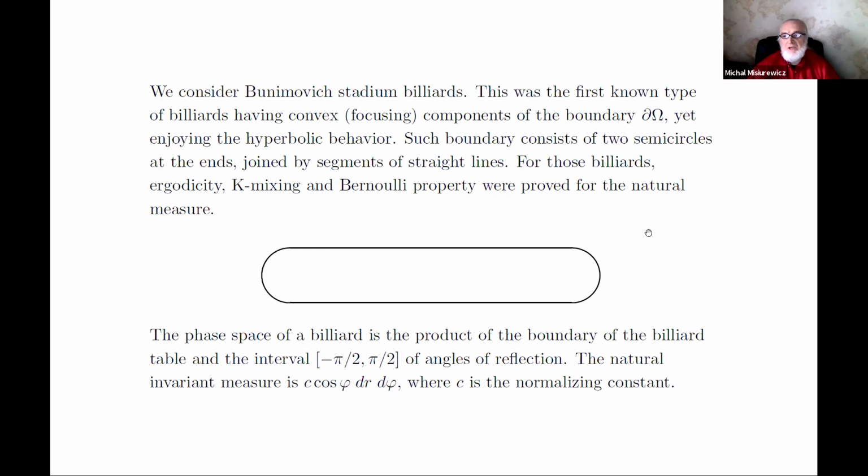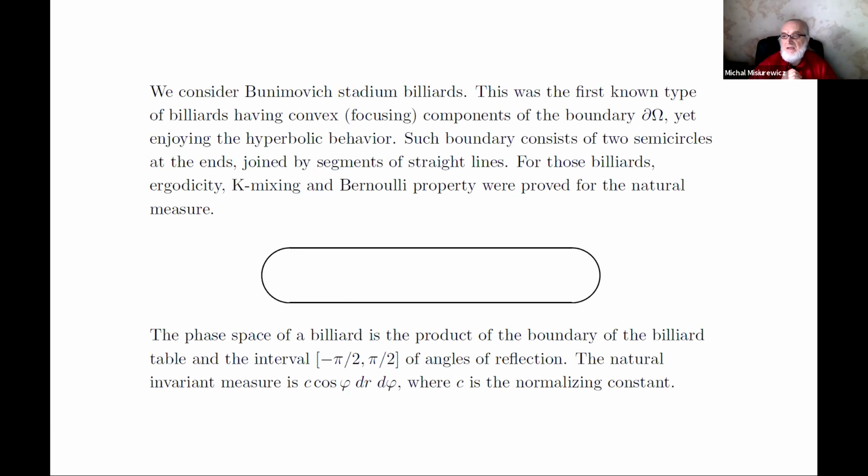Now the billiards, what are the various properties of billiards? What are good properties of dynamical systems? Maybe first, you can look at the billiard in two ways. One way is the flow, so it's inside the billiard table.